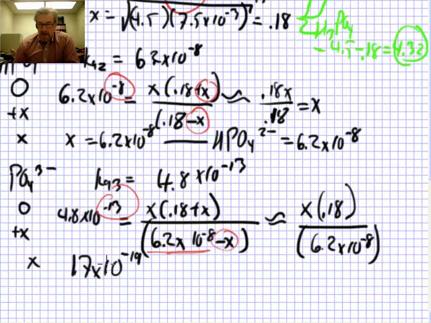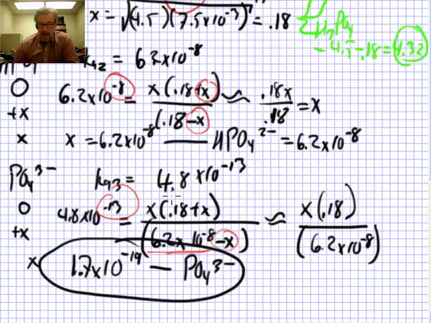And 1.7 times 10 to the minus 19th is, in fact, very, very much smaller than 6.2 times 10 to the minus 8th. So our assumption was valid. So here's what this means. This is the concentration of phosphate ion after all this dissociation has taken place. The concentration of HPO4 2 minus is this at equilibrium.